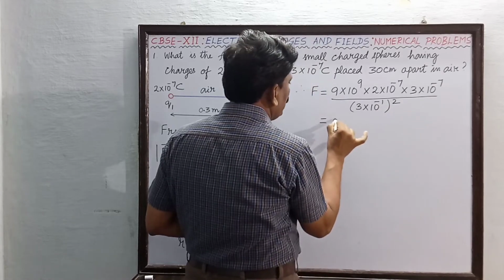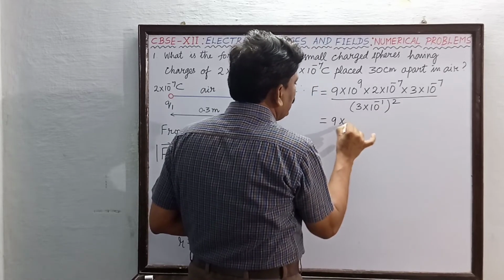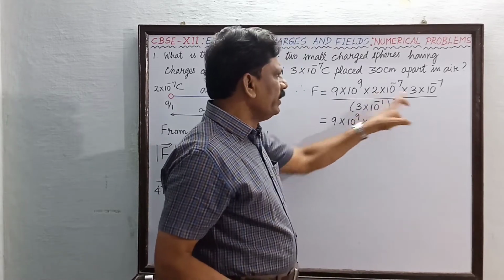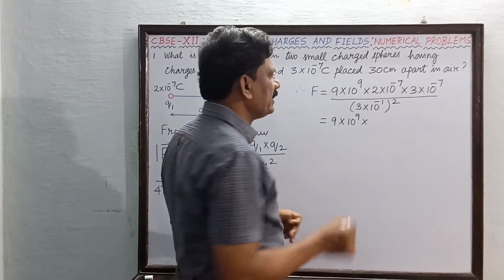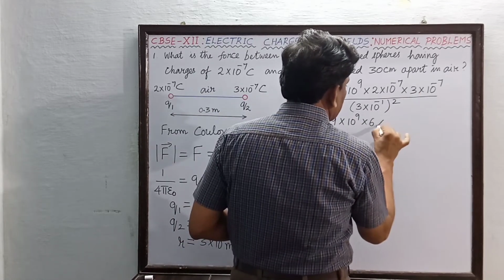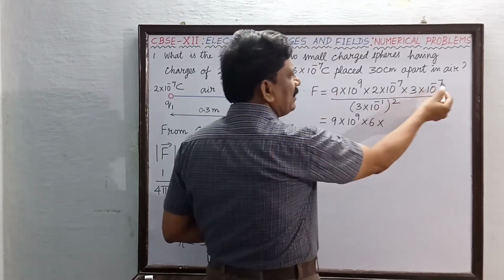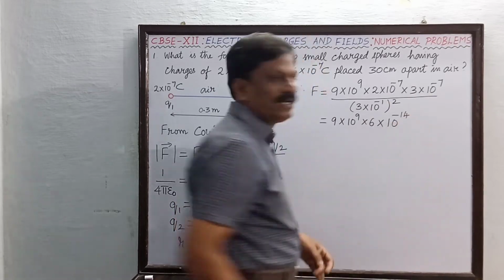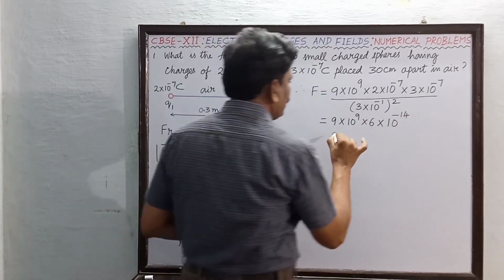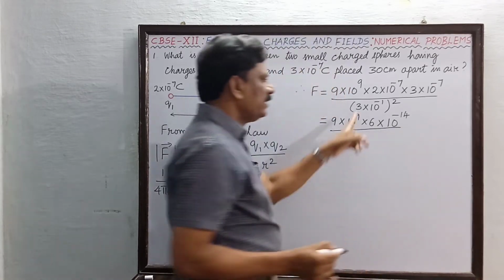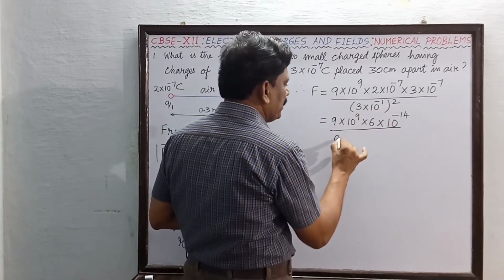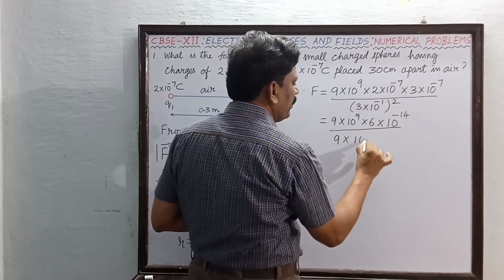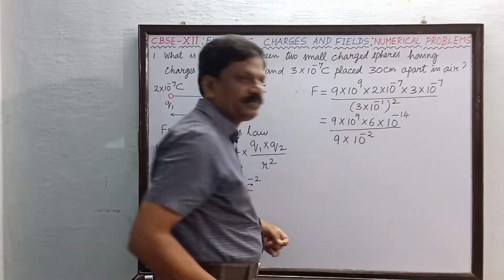So this is now equal to 9 into 10 power 9 into 2 into 3, which is 6. So this is 6 into 10 power minus 7 into 10 power minus 7 will become 10 power minus 14, divided by 3 square. 3 square is 9 into 10 power minus 1 whole square will become 10 power minus 2.